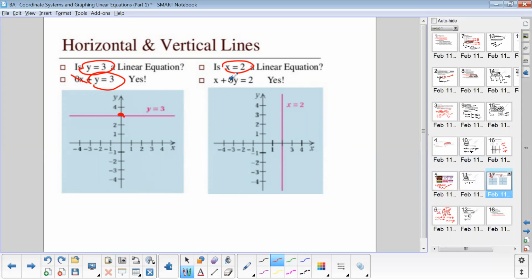That's when the coefficient of y is 0, so that goes to 0, and you're left with x equal 2, and it crosses the x-axis at 2. So a vertical line will cross through the x-axis, and a horizontal line will intercept the y-axis.